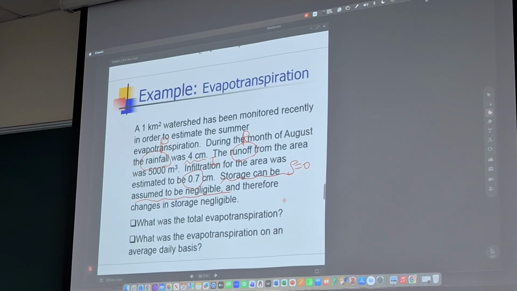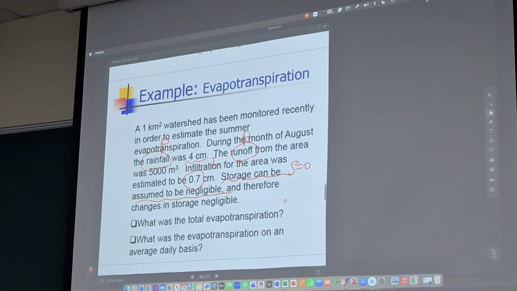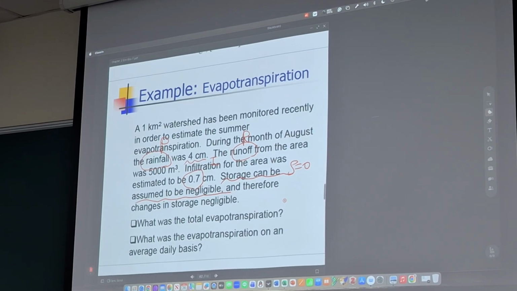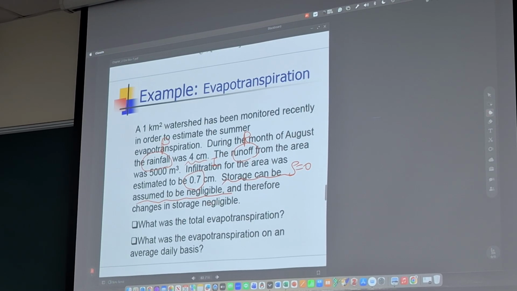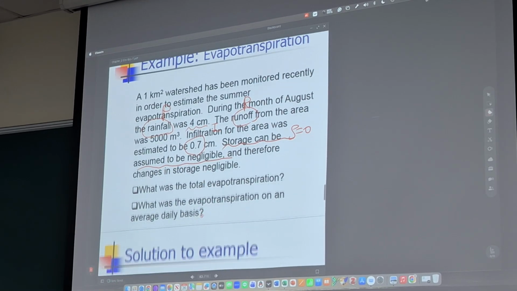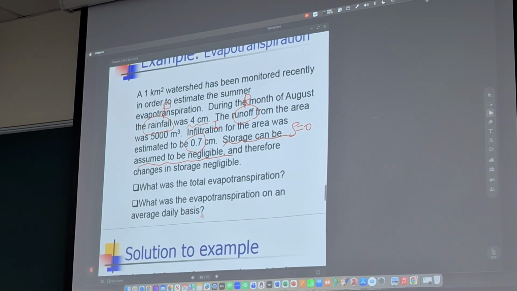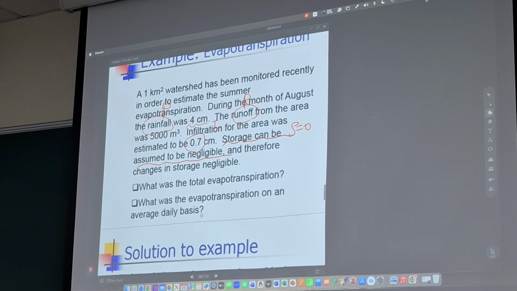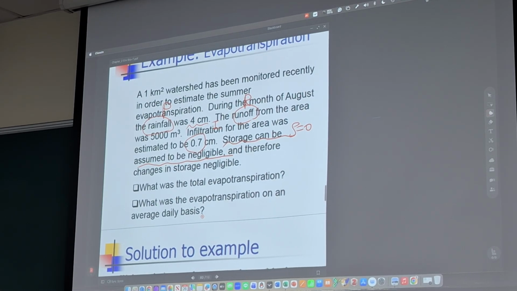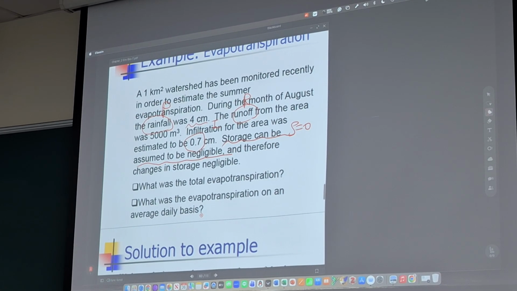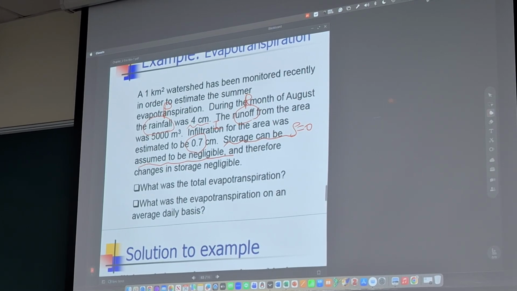So the change of the storage equals 0, right? So the first question is, what was the total evapotranspiration? And the second question is, what was the evapotranspiration on an average daily basis?